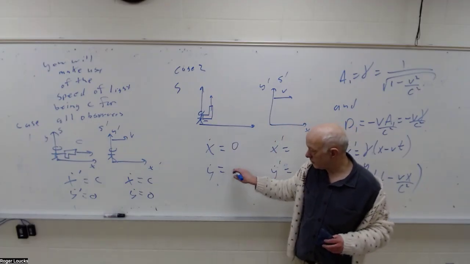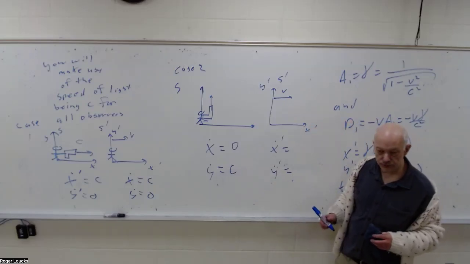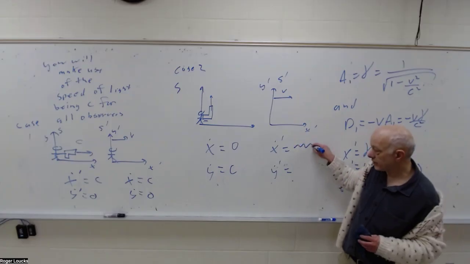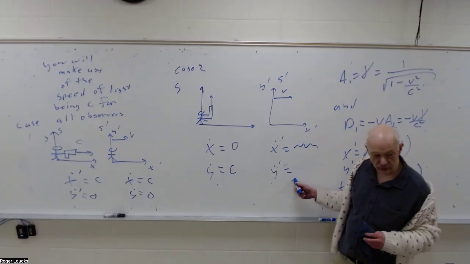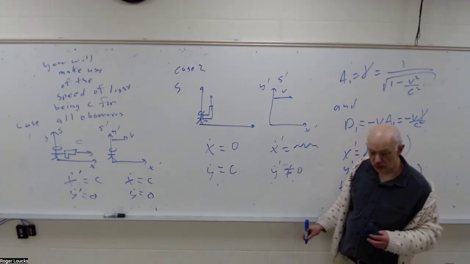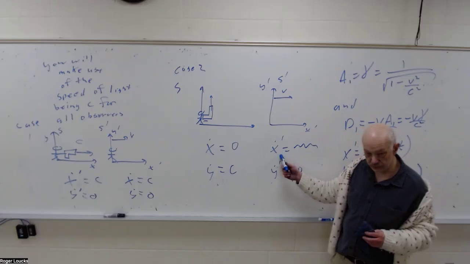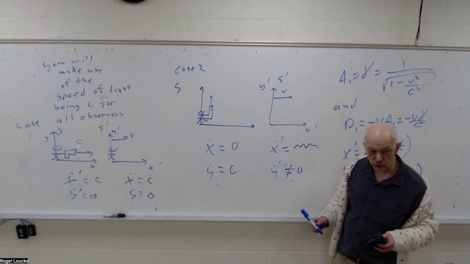This has to be 0, c. Now, what will happen over here? We're going to have to work out this one, it's going to be weird. This is not going to equal 0. So you're going to have the x component of the velocity of light and the y component of the velocity of light. What are you going to have to do with those?